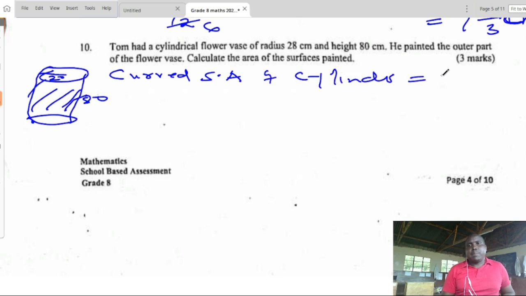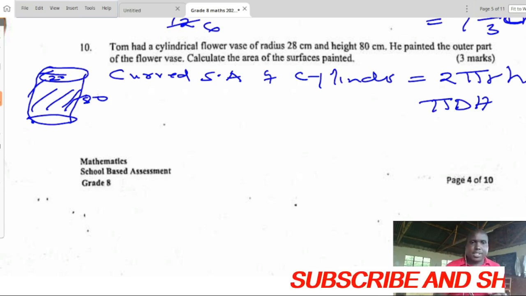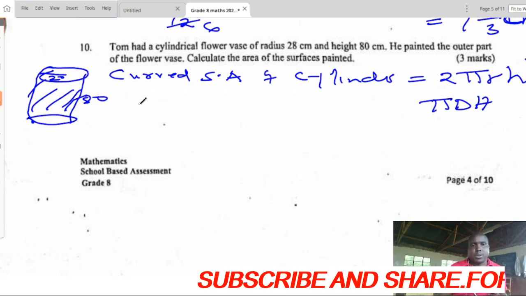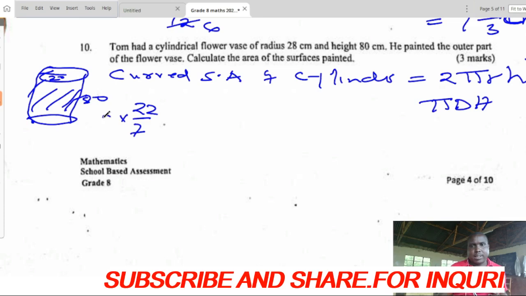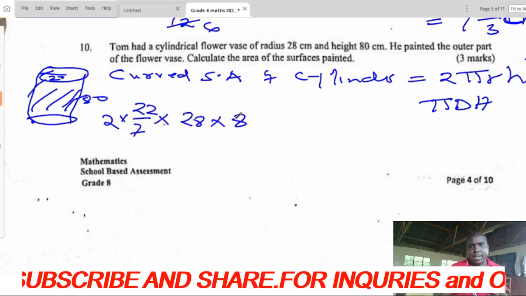That one is given by 2 pi r h, or pi d h. Because we have been given a radius, we can use this one. So that is 22 over 7 times 2 times our radius 28 times our height 80.